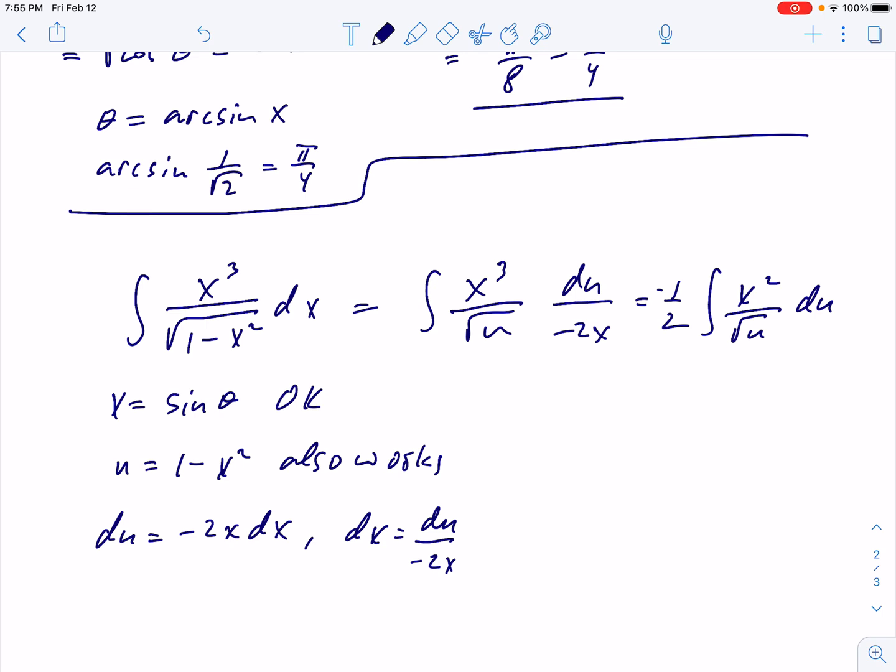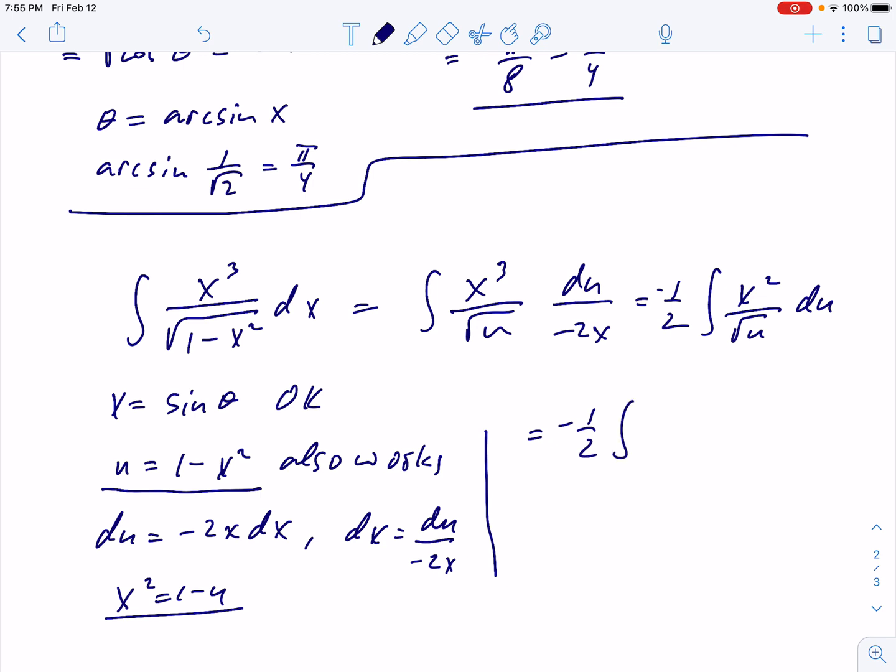Are we stuck with x here? In this case, no, because if you look at the equation for u, I can solve this for x squared, and I can write x squared as 1 minus u. So we can write everything in terms of u, not like in the previous case. The integral becomes negative 1/2.